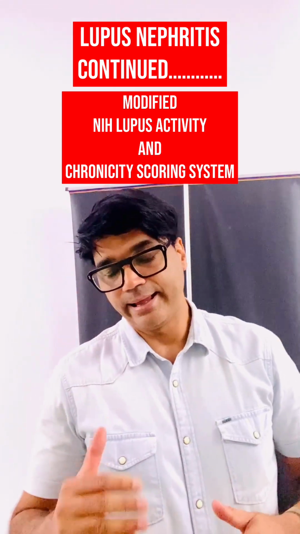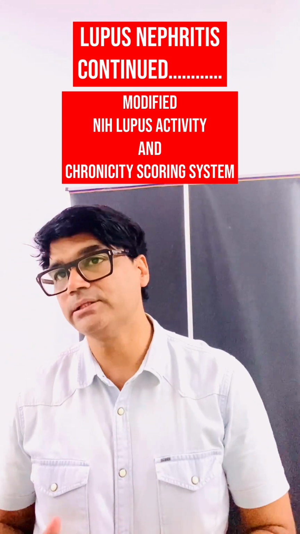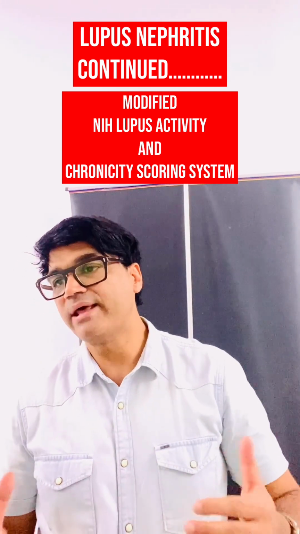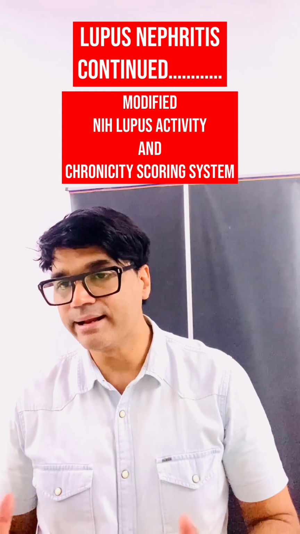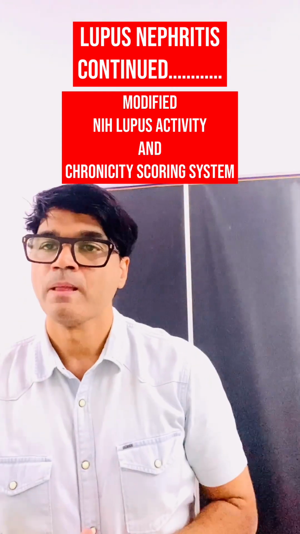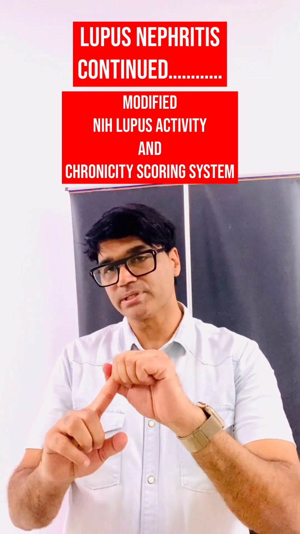So, we are discussing the modified National Institute of Health lupus activity and chronicity scoring system. When we talk about the activity index, the total score is 0 to 24. And how do we calculate it? Number one, endocapillary hypercellularity 0 to 3.